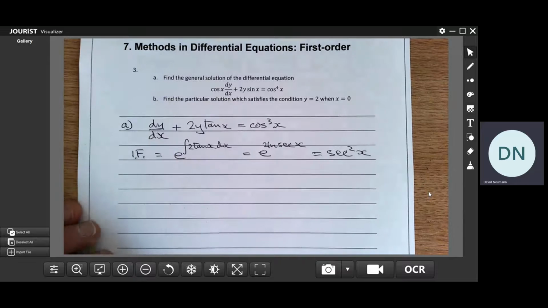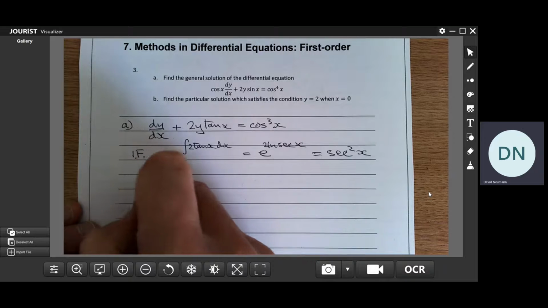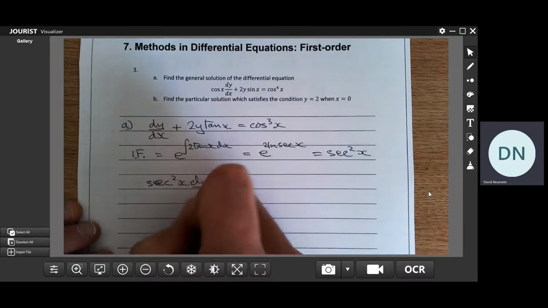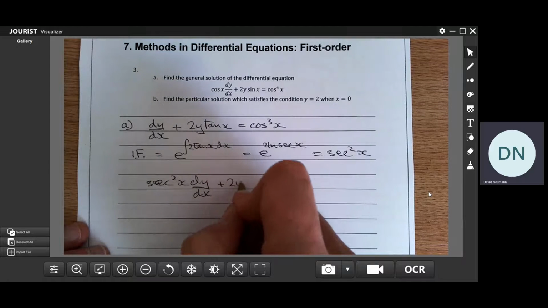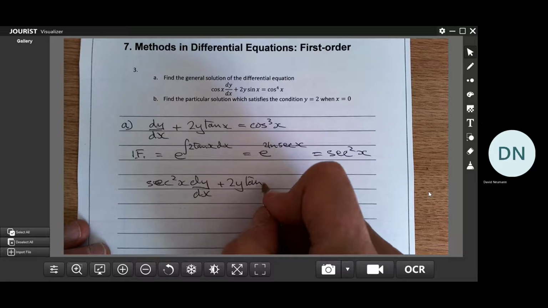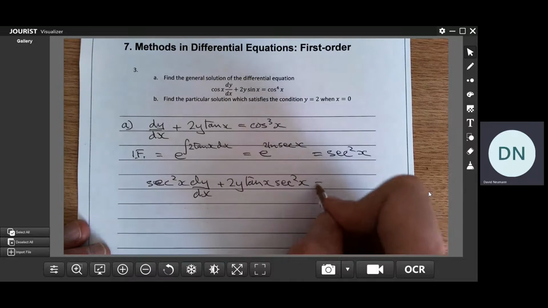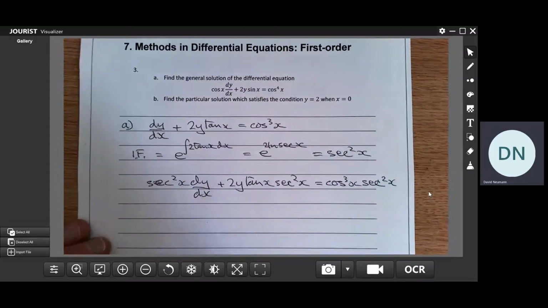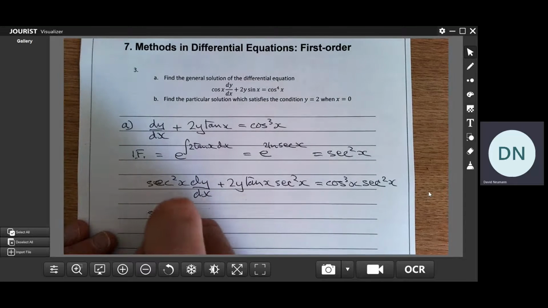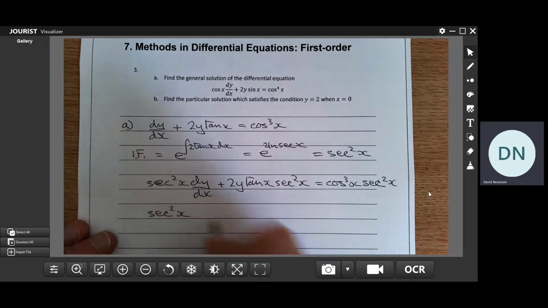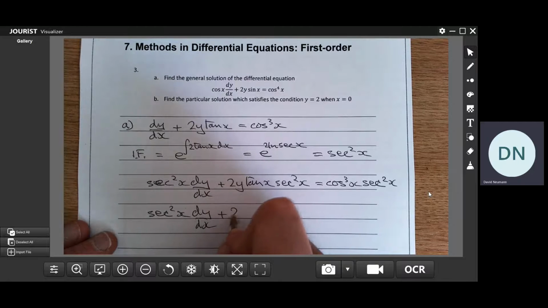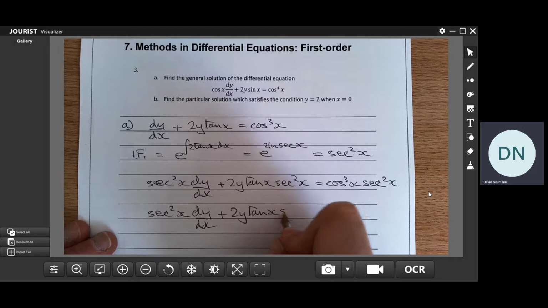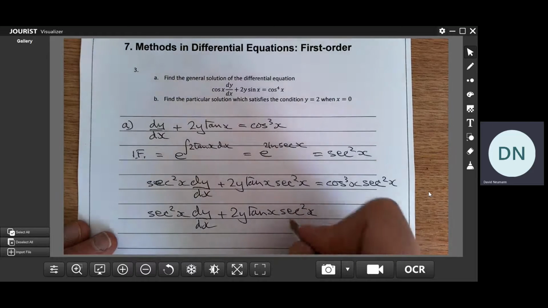So we're now going to multiply through every term in here by sec squared x. So that's going to give us sec squared x dy by dx plus 2y tan x sec squared x is equal to cos cubed x sec squared x, and we're going to simplify to sec squared x dy by dx plus, I'm going to leave this as 2y tan x sec squared x, even though tan x is sin x over, oh yeah, actually that won't simplify anyway, will it?